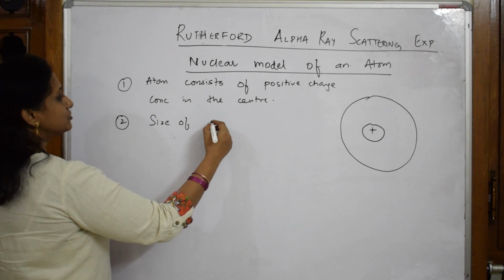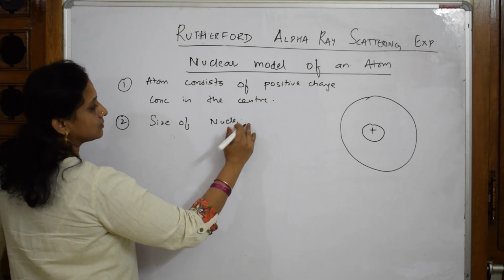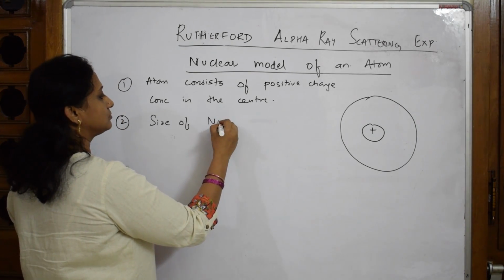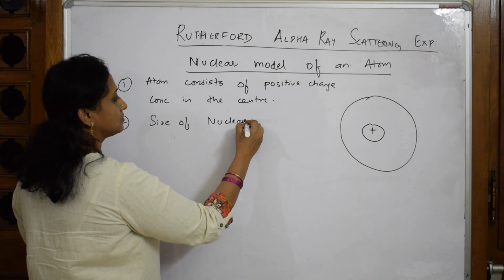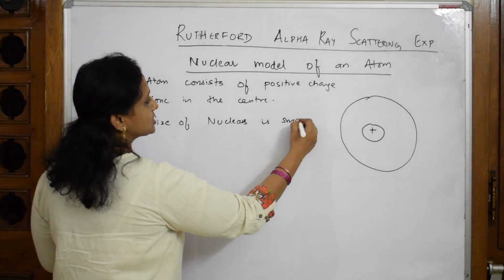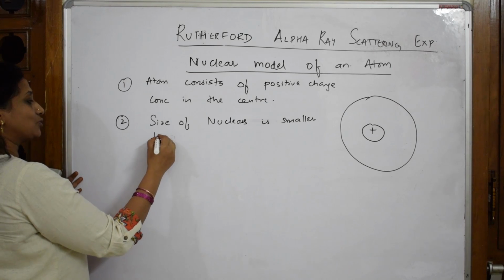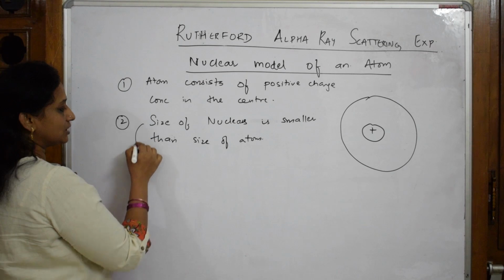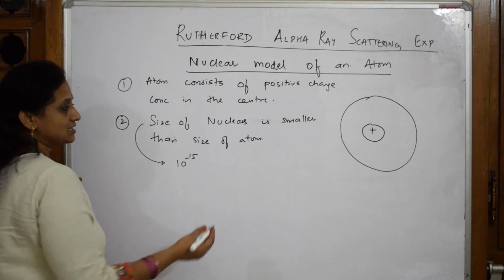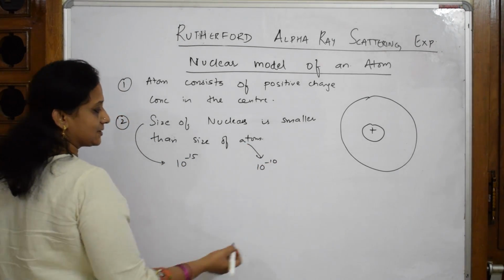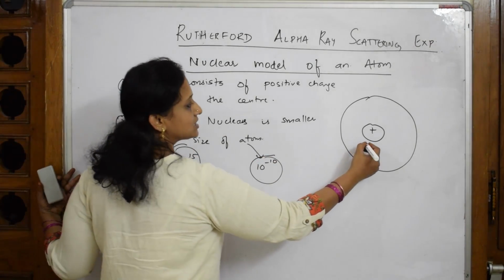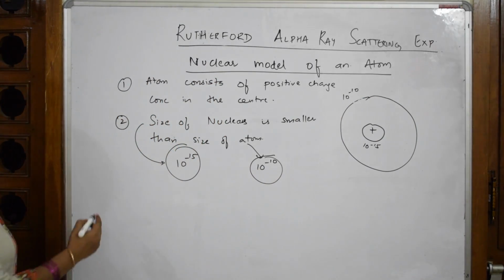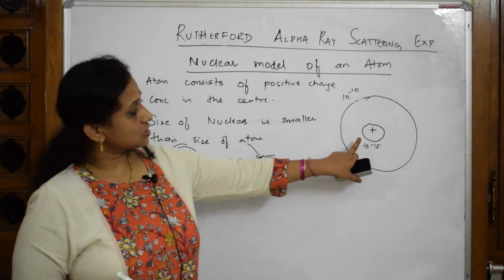So the size of the nucleus is smaller than the size of the atom. How much is this? The size of the nucleus is 10 raised to the power of minus 15, and the size of the atom is 10 raised to the power of minus 10. Smaller, isn't it?